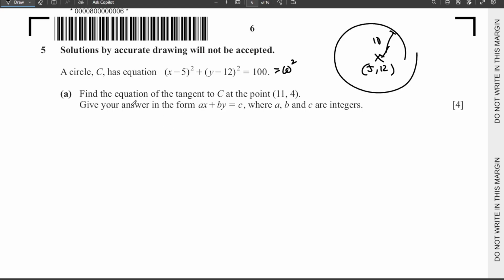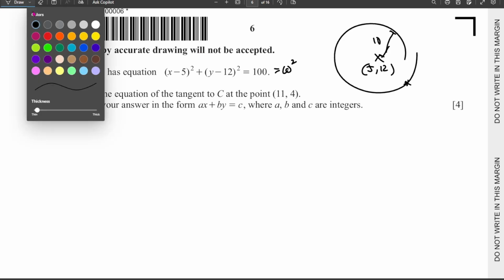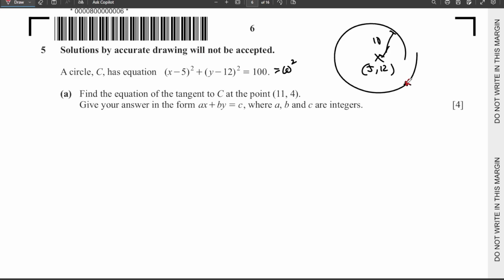We want to find the equation of the tangent to C at point (11, 4), which is somewhere here.